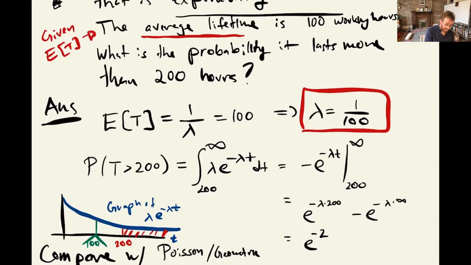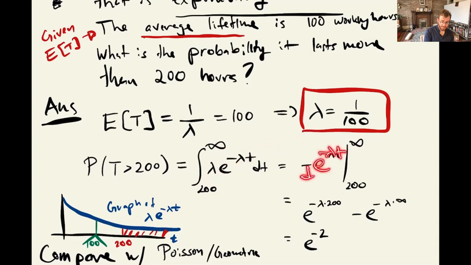So I just have to integrate from 200 to positive infinity of lambda e to the minus lambda t, where lambda is given by this. Luckily, exponentials are very easy to integrate. And moreover, we've already got the lambda factor, which would come down when we differentiate e to the minus lambda t.